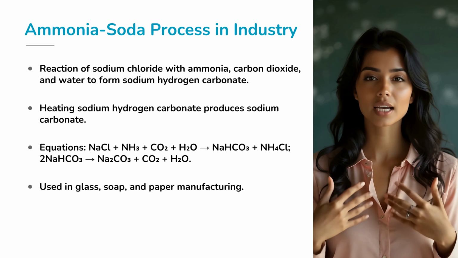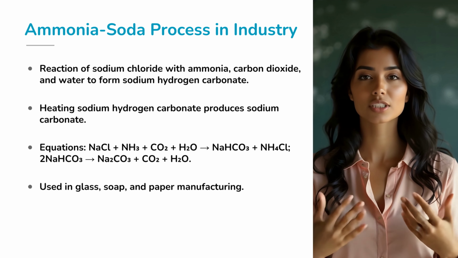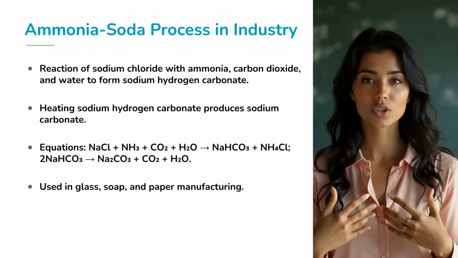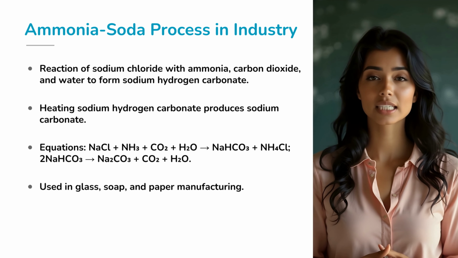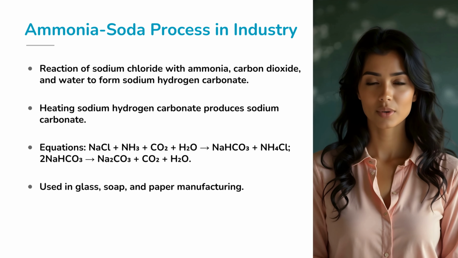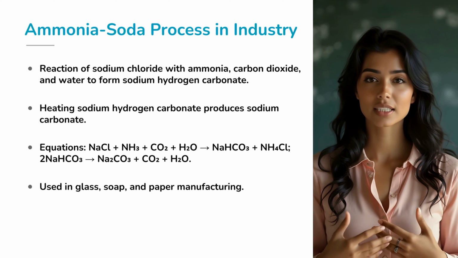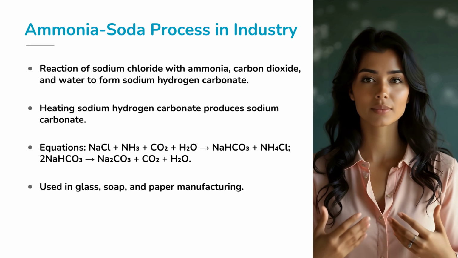The overall reactions are sodium chloride plus ammonia plus carbon dioxide plus water gives sodium hydrogencarbonate and ammonium chloride. Then, sodium hydrogencarbonate on heating gives sodium carbonate, carbon dioxide, and water. This process is widely used in the manufacture of glass, soap, and paper.